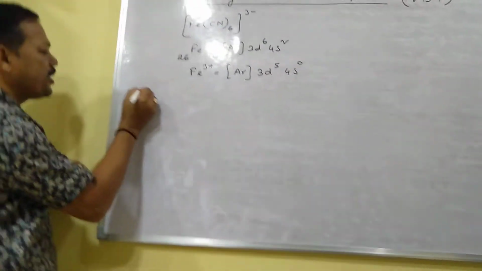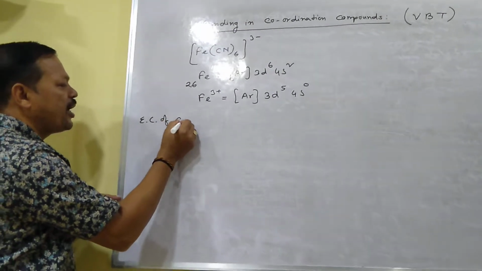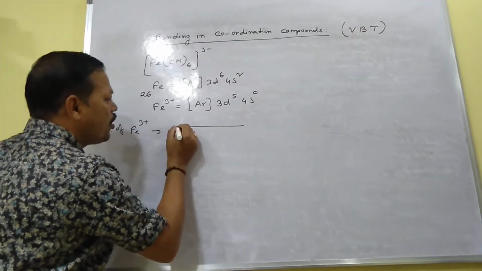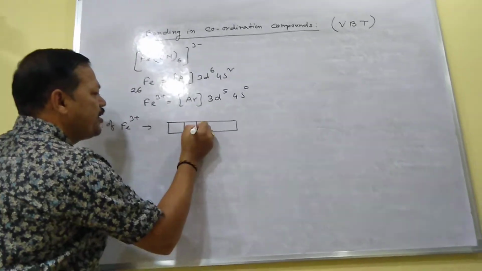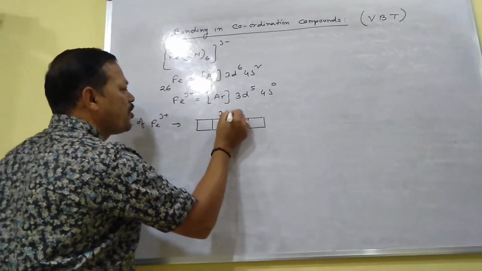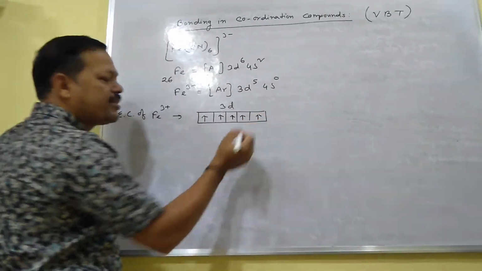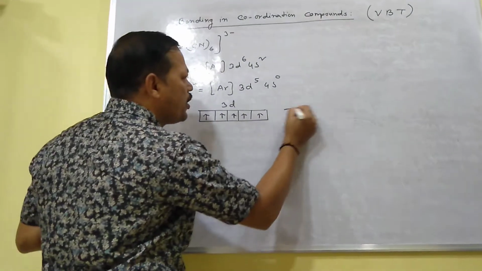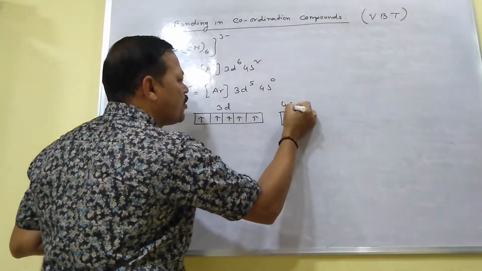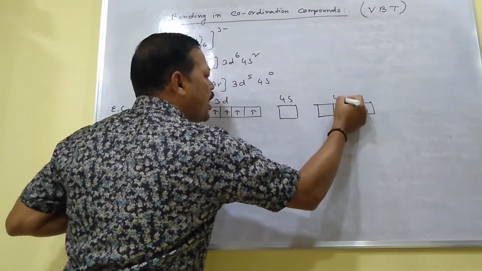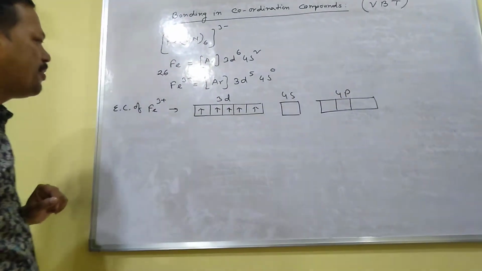So now I'll write the electronic configuration of Fe3+ in boxes. Only the valence orbital 3d, it contains 5 electrons: 1, 2, 3, 4, 5. You have to put them singly according to Hund's rule. This is 4s and this is 4p. I have written them in case they are needed in hybridization.